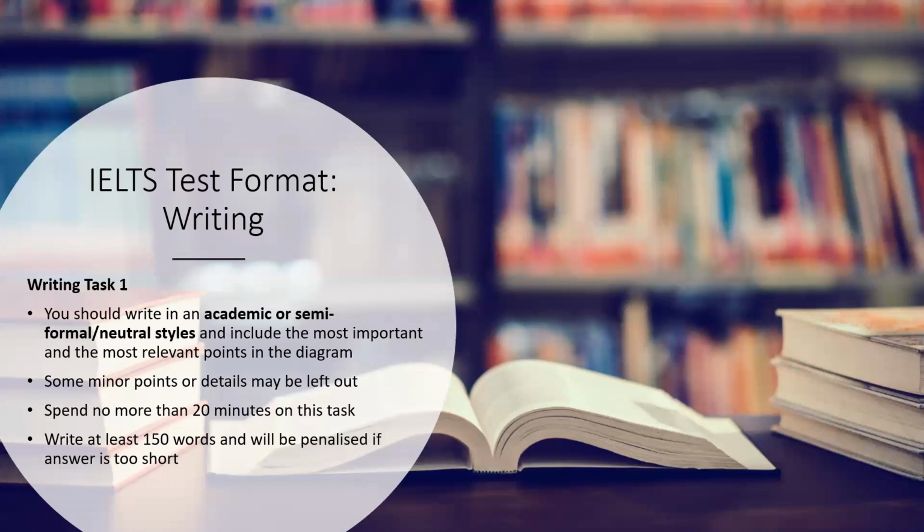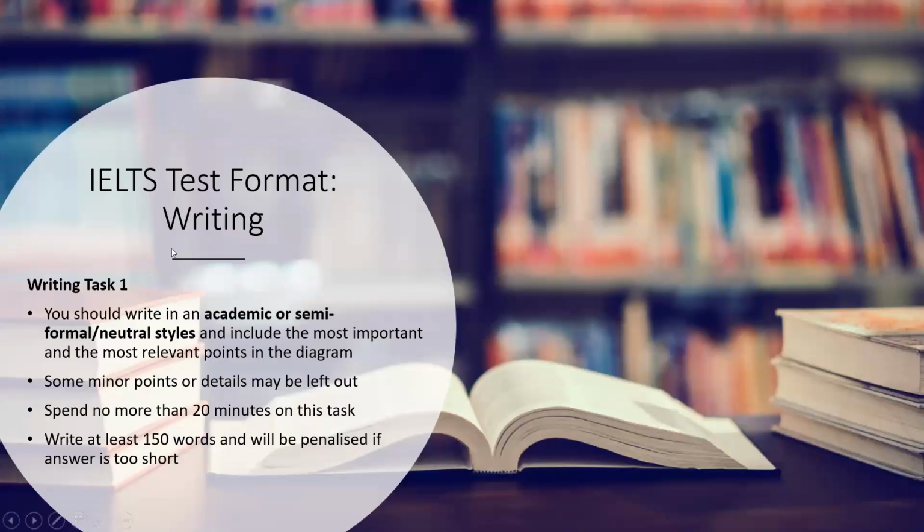We can definitely write more than 150 words, but again, writing too long a task 1 will affect our capacity to write task 2. So we should not write too long, but at the same time, we should not write less than 150 words. Is that clear?